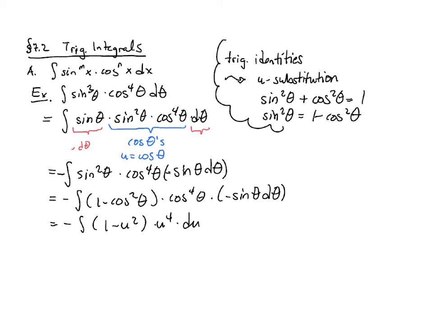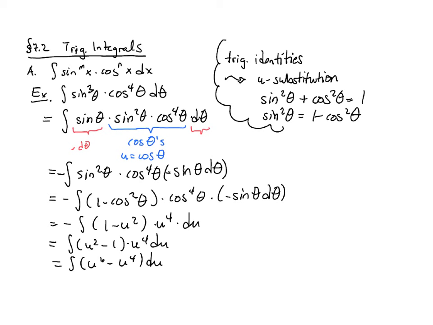And I can simplify. That's just a polynomial now. So bring that minus sign inside because it's convenient. The antiderivative of u squared minus 1 times u to the fourth du. Multiply that expression out. Antiderivative of u to the sixth minus u to the fourth du.